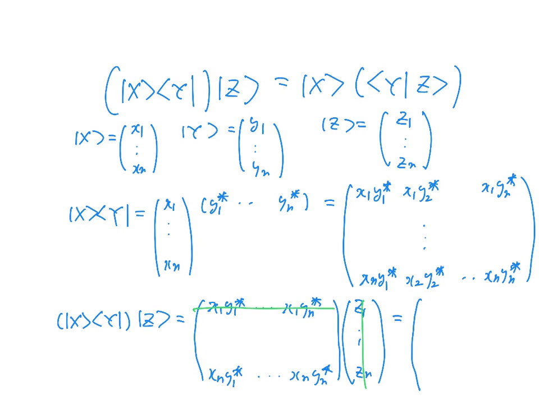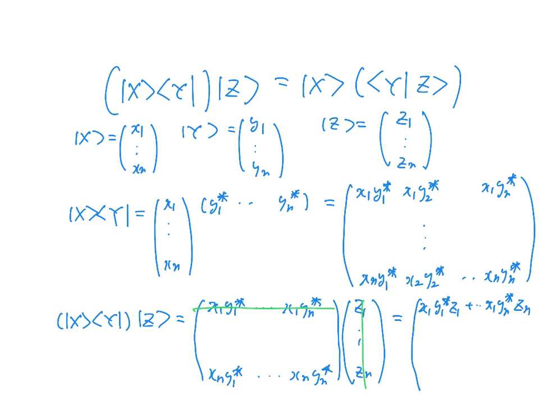So we have x1 y1 complex conjugate z1 plus x1 yn complex conjugate zn, right?